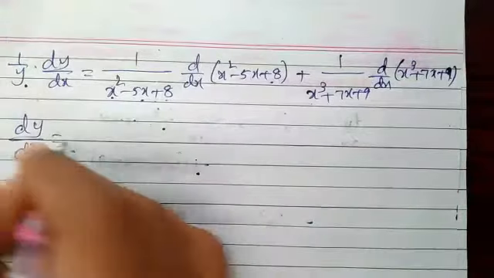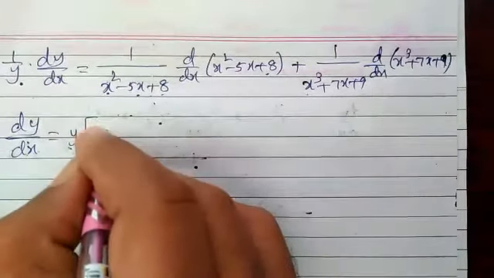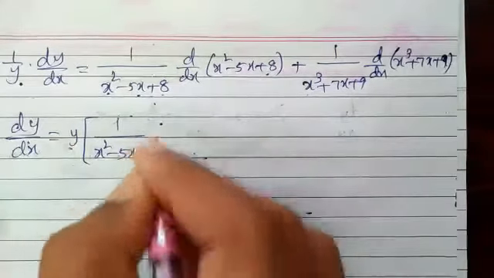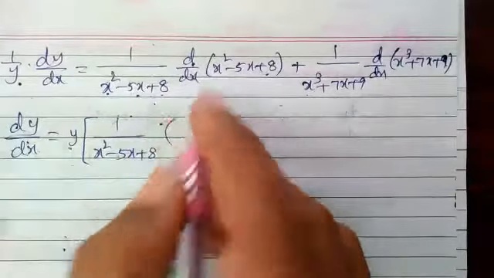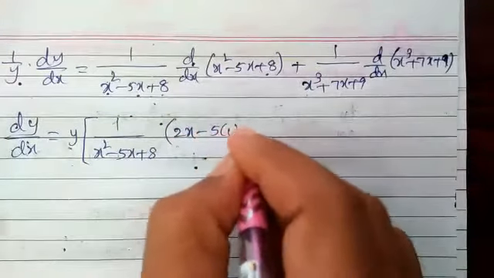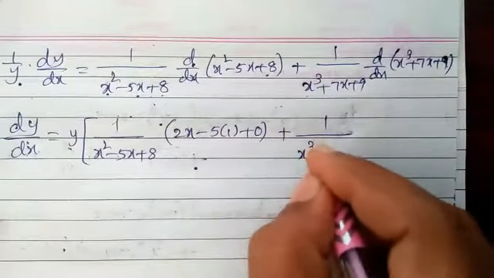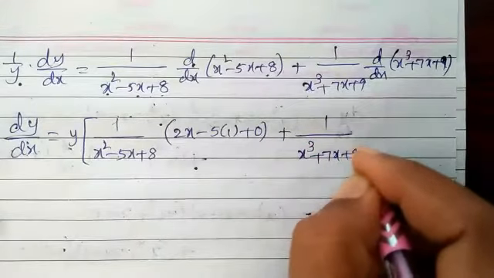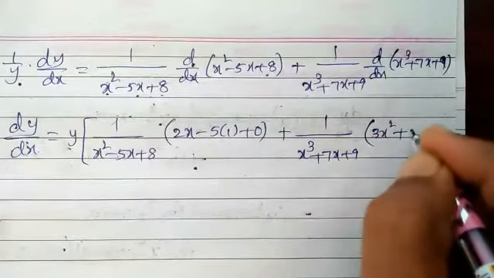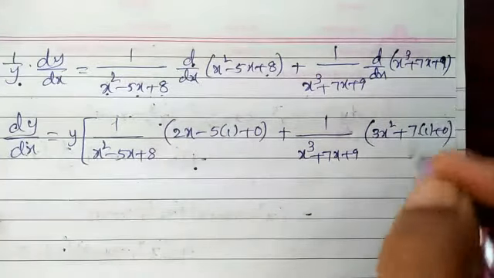dy by dx is equal to y bracket of 1 by (x square minus 5x plus 8) into derivative of x square is 2x, derivative of 5x means 5 into 1 plus 0, plus 1 by (x cube plus 7x plus 9) into derivative of x cube is 3x square, plus 7 into 1 plus 0.